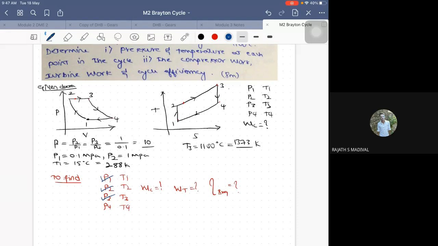No. How do I find the value of P3? PVT conversion. Okay, which PVT conversion equation, Anish?